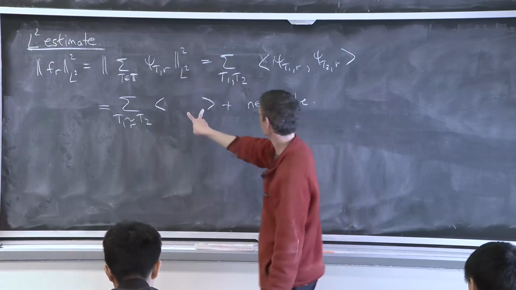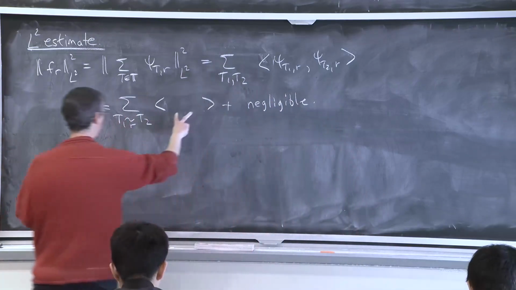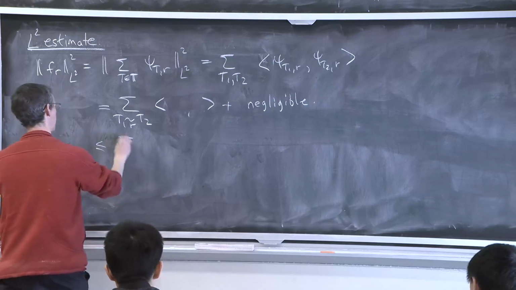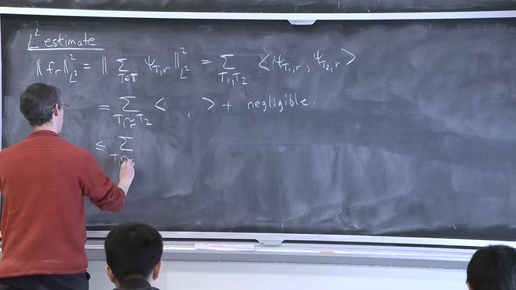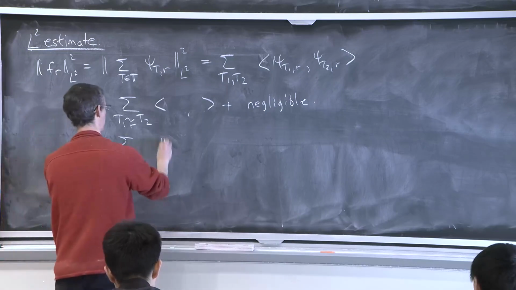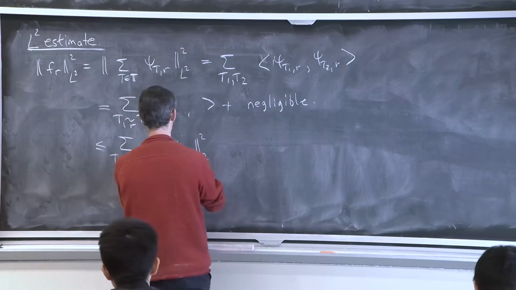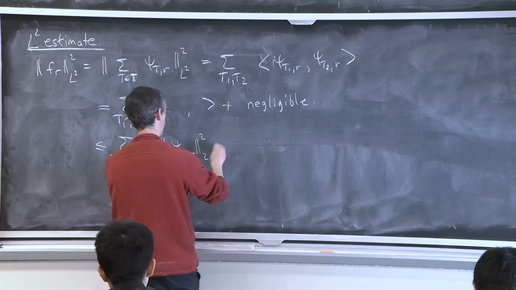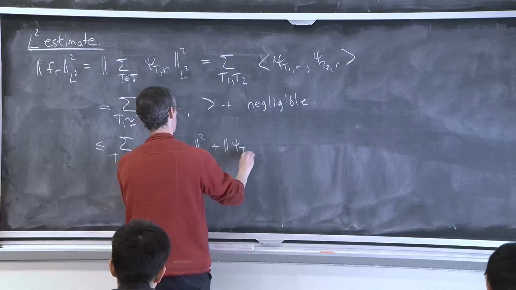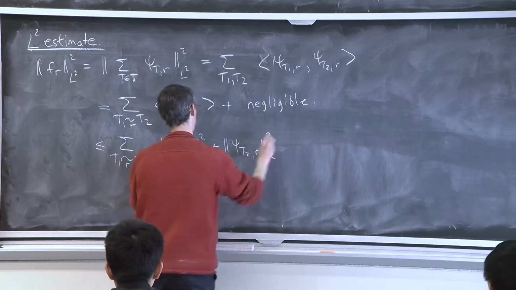OK. Now each of these inner products, I'll arithmetic geometric mean it. So that's less than the sum over T1 related to T2 of CT1R L2 squared plus CT2R L2 squared.